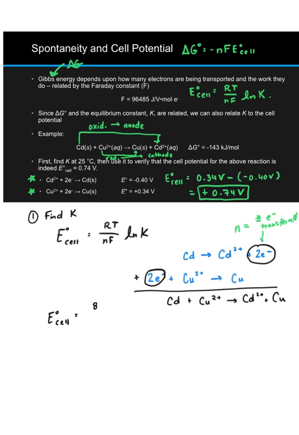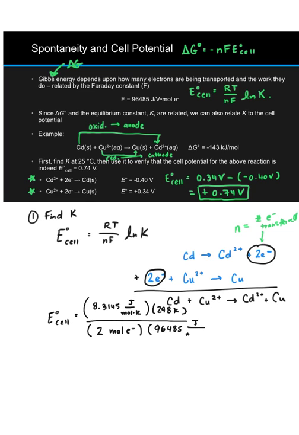It's R, the ideal gas constant, in joules per mole per Kelvin, times T in Kelvin, which is 298, divided by N, number of moles of electrons transferred, times F, Faraday's constant, in joules per mole of electron per volt, multiplied by the natural log of the equilibrium constant, K. Here, we know the value of E cell is equal to 0.74 volts.